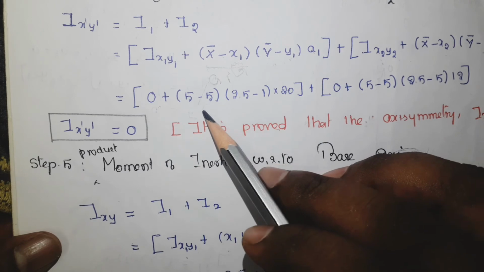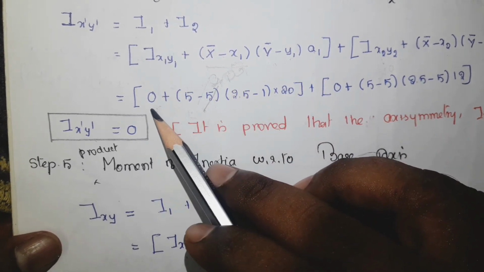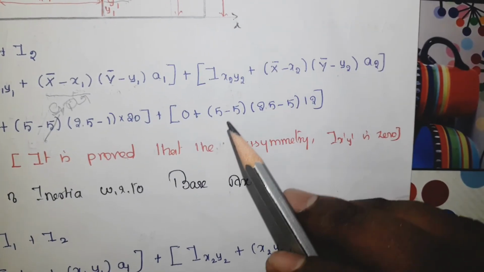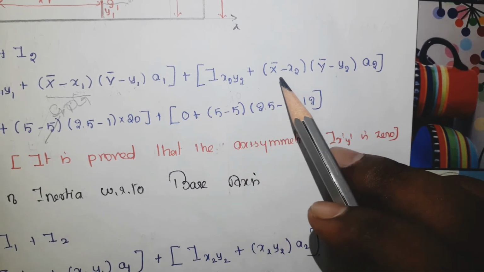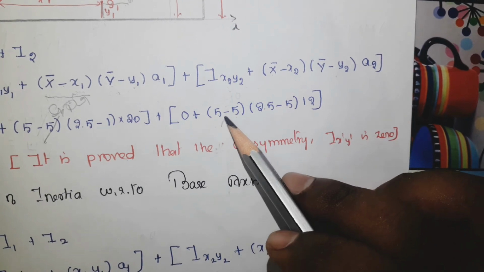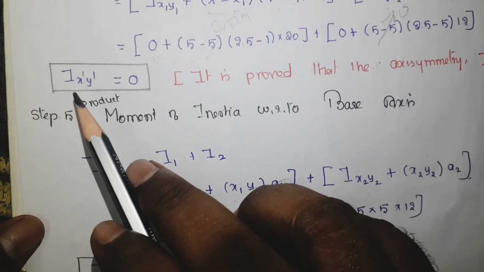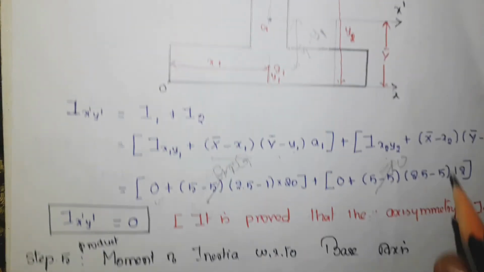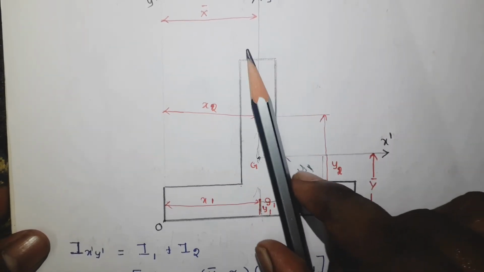Now substitute all the values. You see here both x bar and x1 are the same, so the multiplication of this is 0. Similarly this value is also 0, already found in the second step. Similarly here also this value is 0, found in the second step. Moreover x bar is 5, x2 is also 5, so this will also be 0. So ultimately I x dash y dash is 0, because this is a composite section, an inverted T section.